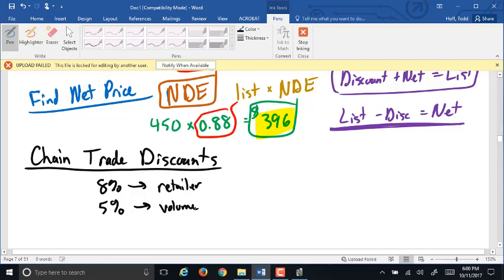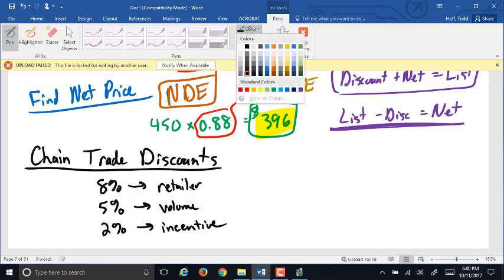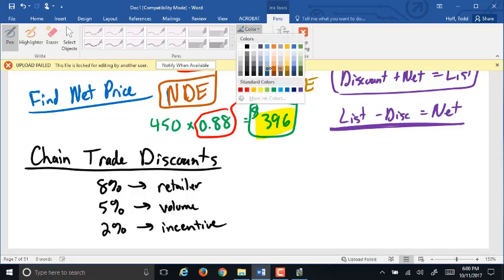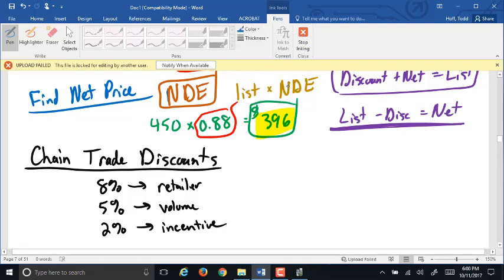And then perhaps they have a new product out there that you've purchased. So when you purchase that product, you get an additional 2% as an incentive for that product. Does that mean you get a 15% discount? No, it doesn't. The way this chain trade discount would be listed would look like this.